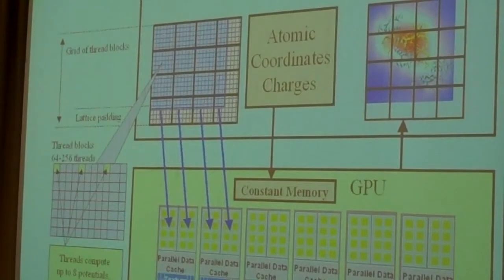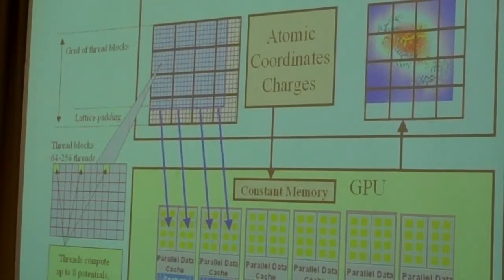So you guys learned about memory coalescing in some detail, right? Previously? Okay, good.